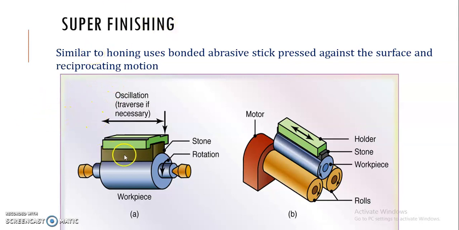This abrasive stone is rubbed against the rotary motion of this workpiece. Now we need a very fine finish on this cylindrical workpiece.